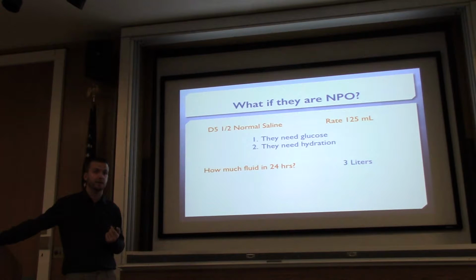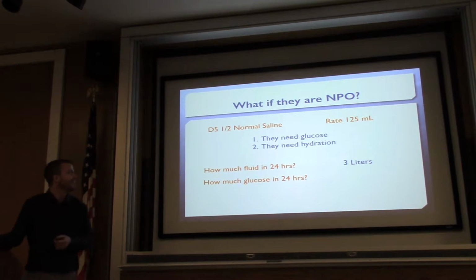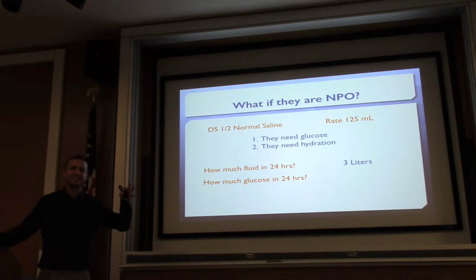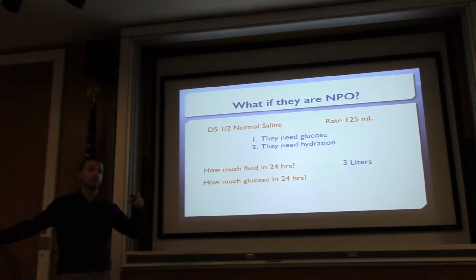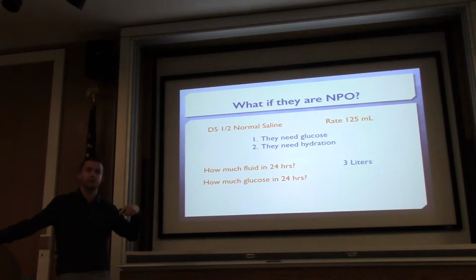Do you know how much sugar that comes with? You guys know how to do percentage math on that? All right, so D5, 5% dextrose. The percent comes from that 1 gram of whatever you're giving in 1 gram of water. And water, 1 gram is 1 cubic centimeter or 1 milliliter. So it's 1 gram of dextrose in 100 mLs of water.